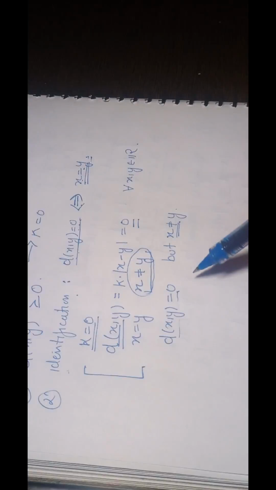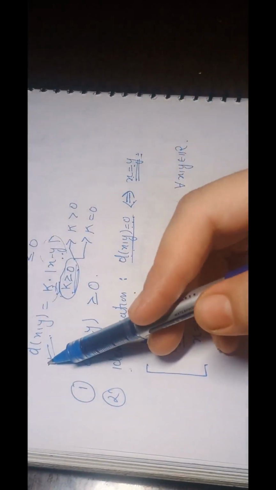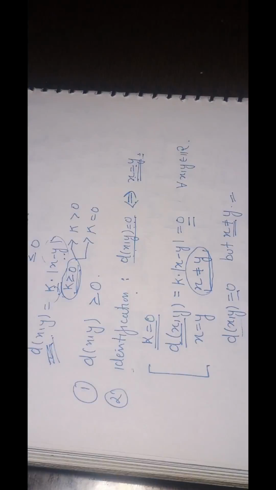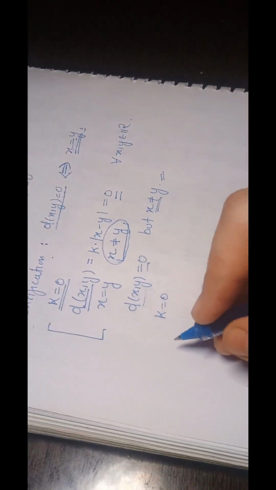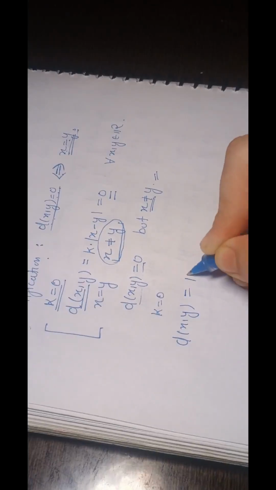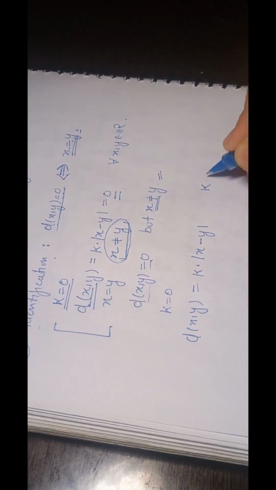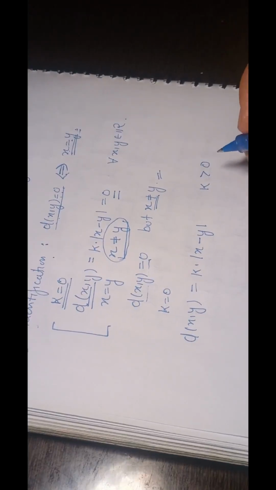Here this property is failing, hence for k equal to 0 as well, this function does not turn out to be a metric. So the only case we remain with is d of xy equal to k times mod of x minus y, where k is a strictly positive real number.